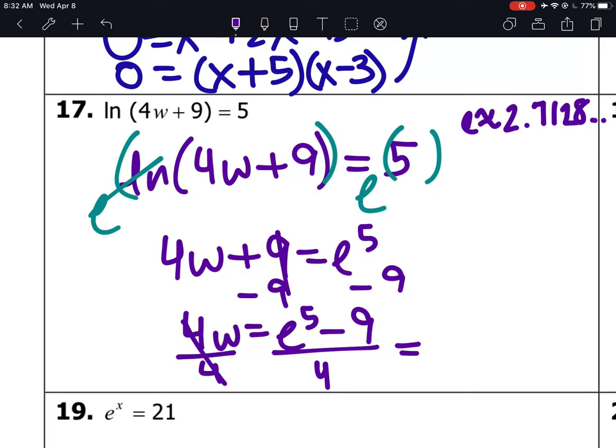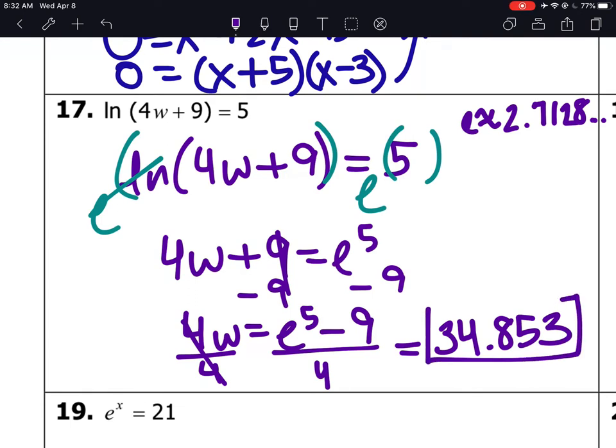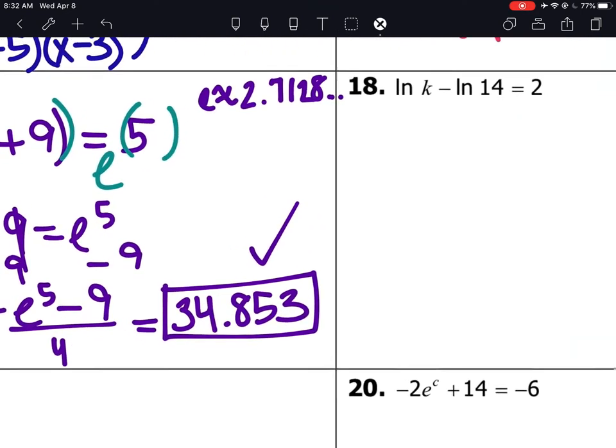And then to get w by itself, I'm going to divide by 4. In the calculator, make sure you do this very carefully. First, you're going to do e to the 5th power by itself. Then subtract 9. Then take that quantity and divide by 4. And you should get 34.853. And that's your answer. I checked for you.